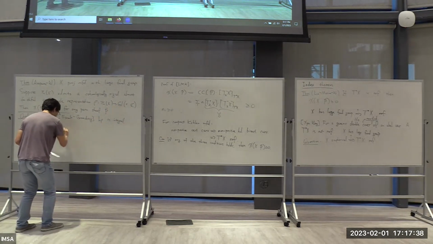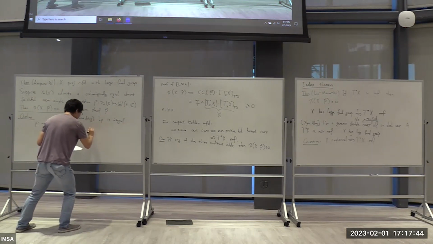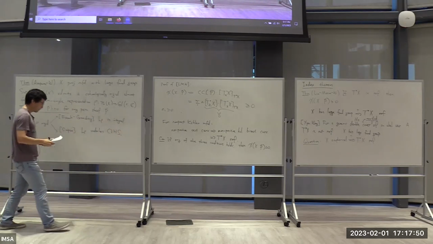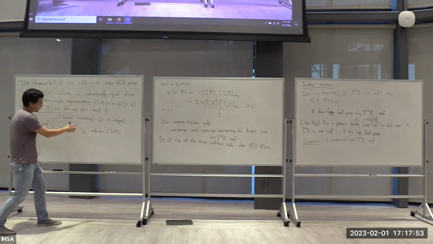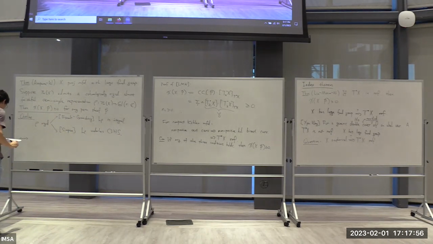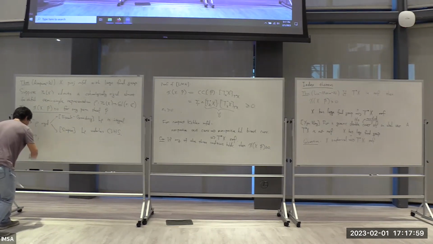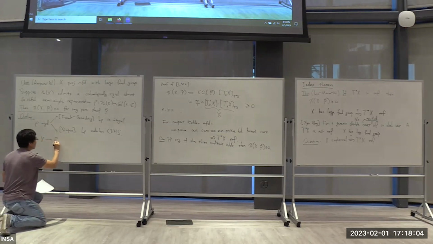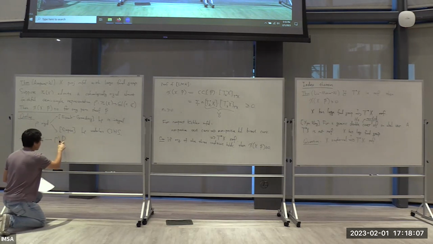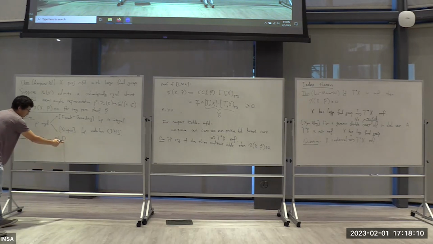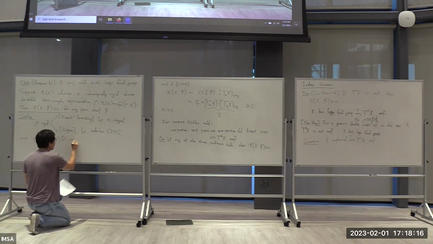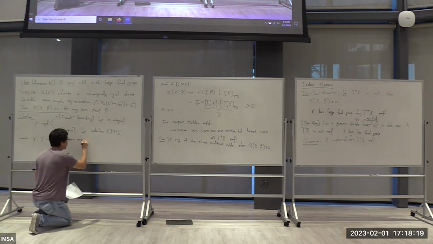And then by the work of Corlette and Simpson, it underlies a variation of Hodge structure. And these two facts together imply that we can have a nice period map from X to a period domain quotient like this. And we know that the period domain has negative curvature.